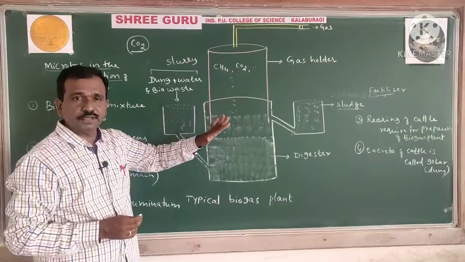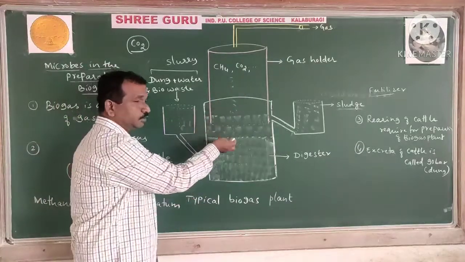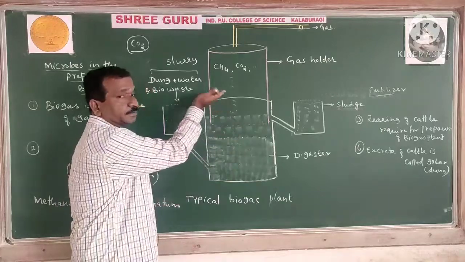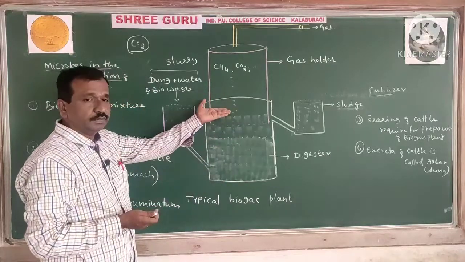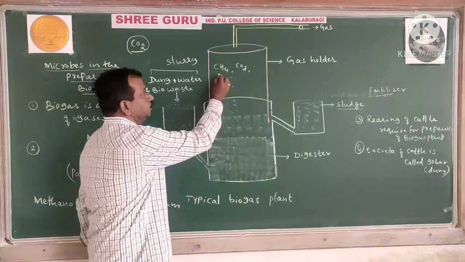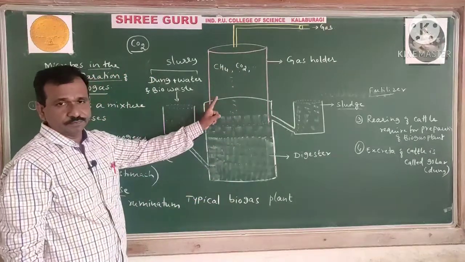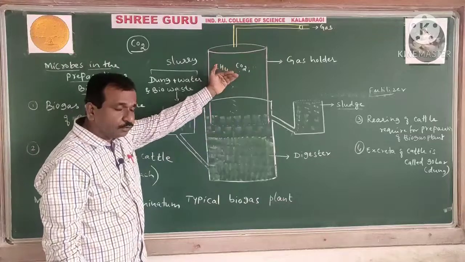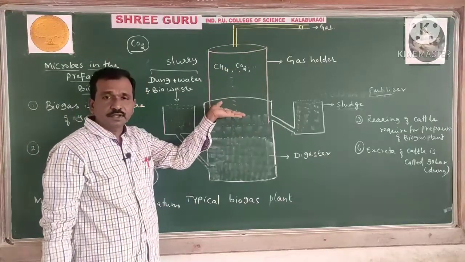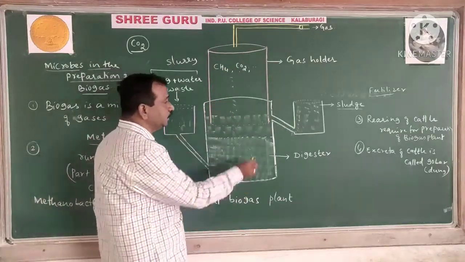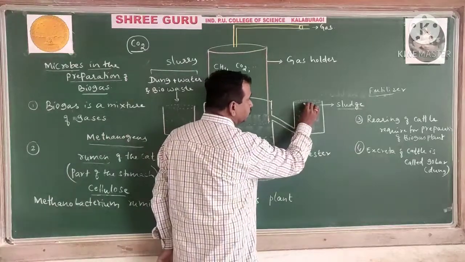When the covering is done, the slurry comes up. When the slurry comes up, methane gas and carbon dioxide gas are discharged. Like that the gas keeps getting discharged and the slurry comes up. When the slurry comes up, you can observe that another outlet is there.